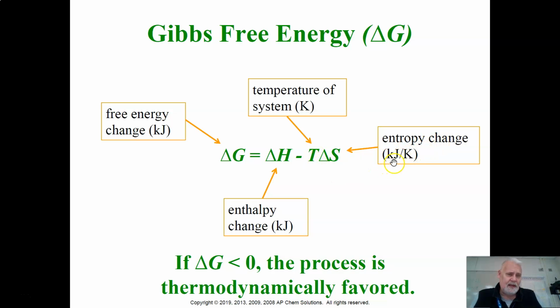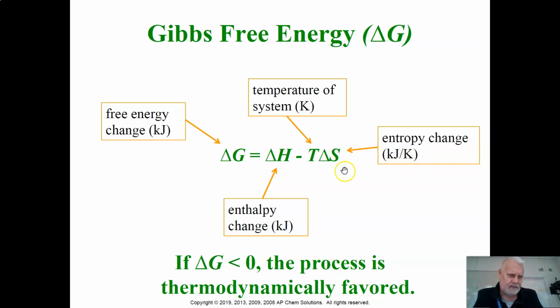Entropy change, I want you to change this right here. It is almost never given in kilojoules. So cross off the K there. This is joules per Kelvin. The reason being, if you remember from delta S, we talked about this, is that these values are usually smaller.